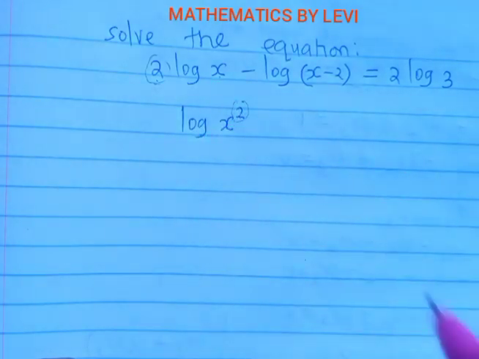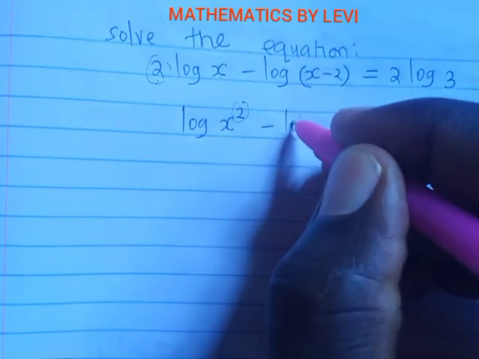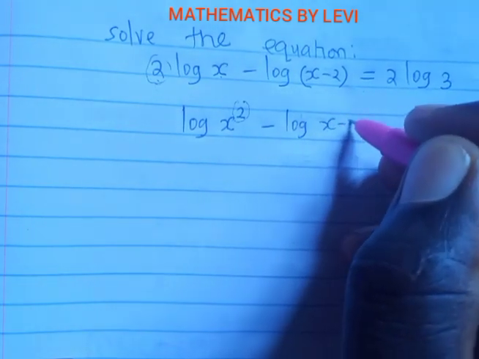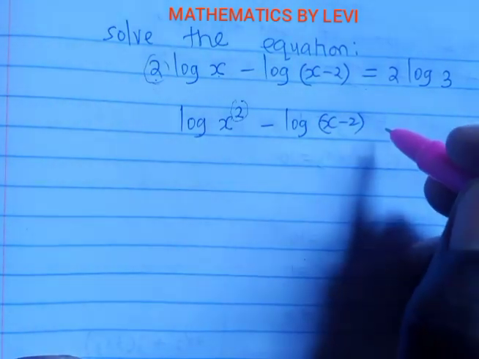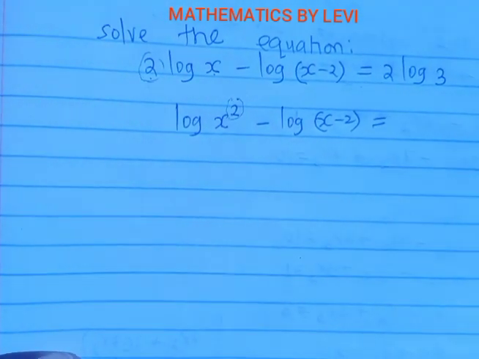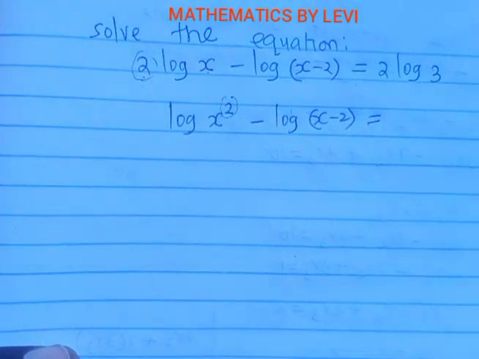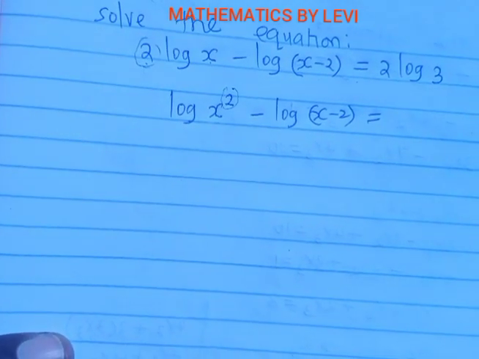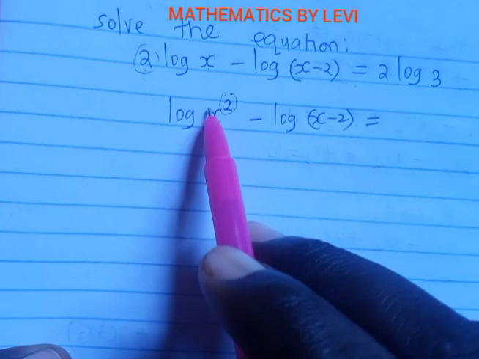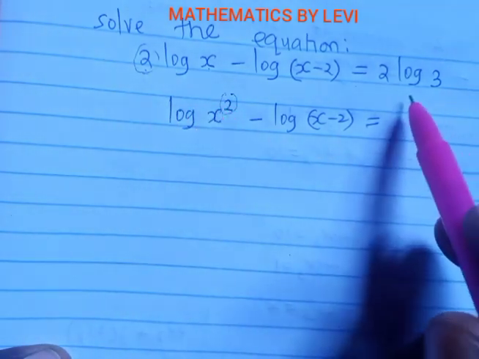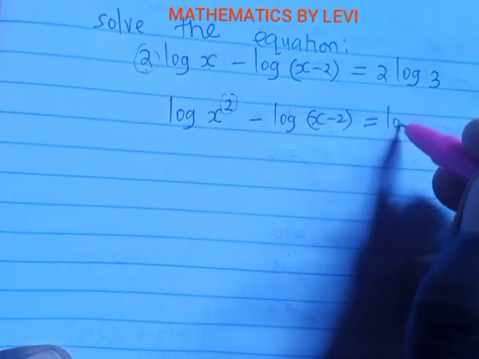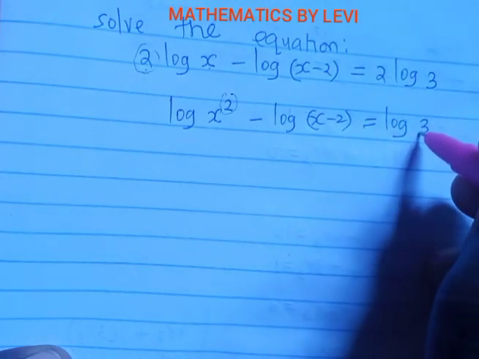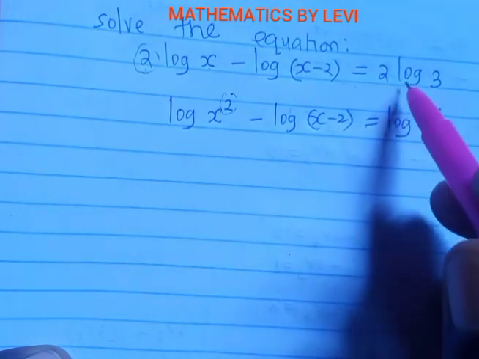Now, let us proceed. Minus the logarithm of x minus 2, we will not change anything here. The same applies to 2 log 3. We can write it the same way we wrote this: 2 log 3 is the same as the logarithm of 3 raised to power 2.